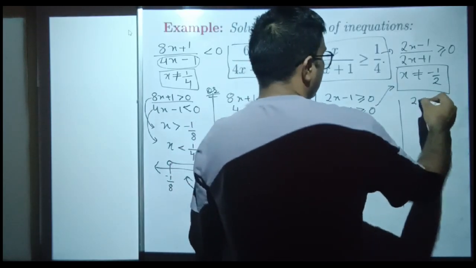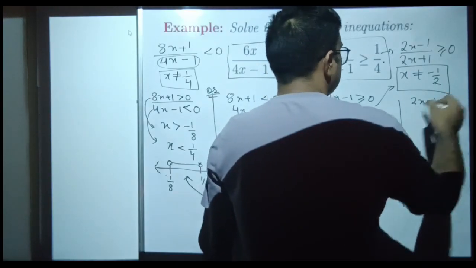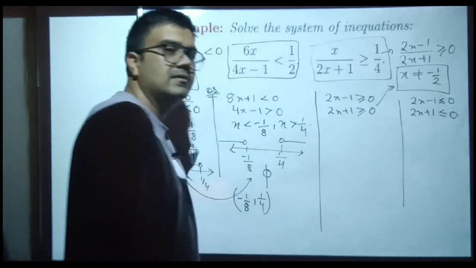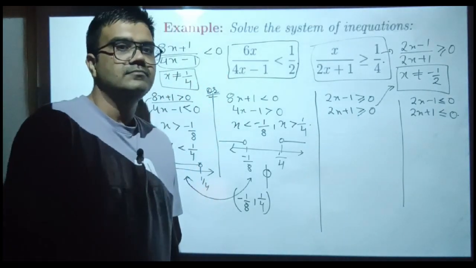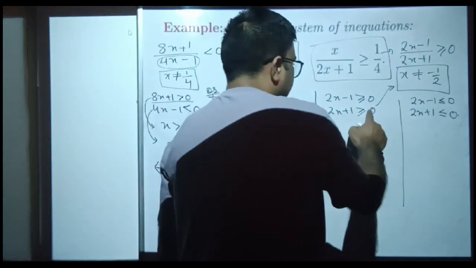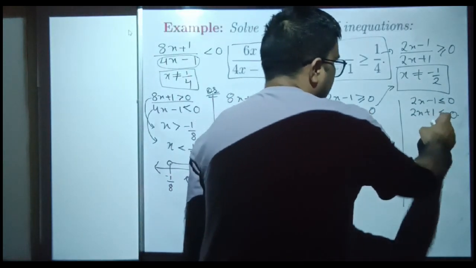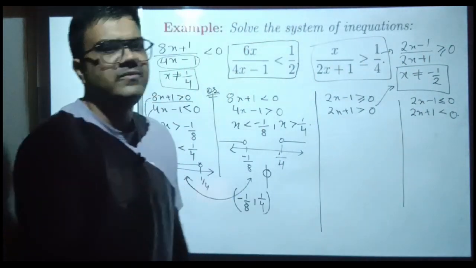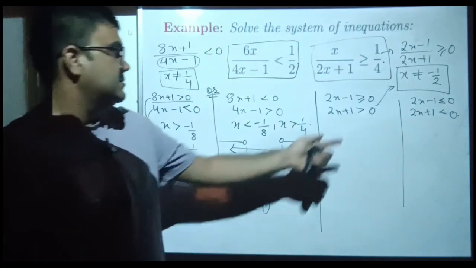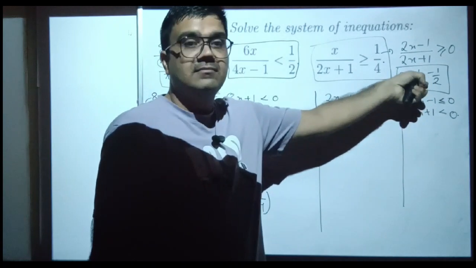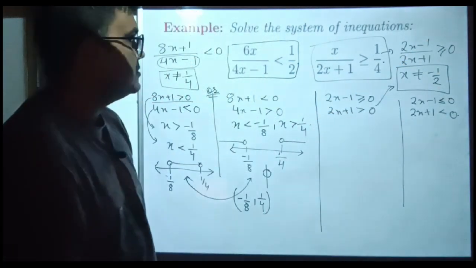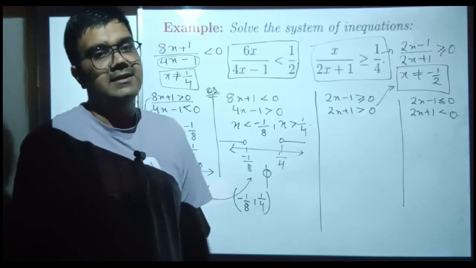We are saying if 2x minus 1 is less than or equal to 0, then 2x plus 1 is less than 0. It is better to remove these equal to signs because otherwise it will create more confusion. Because the denominator cannot be equal to 0, we have removed this equality sign.